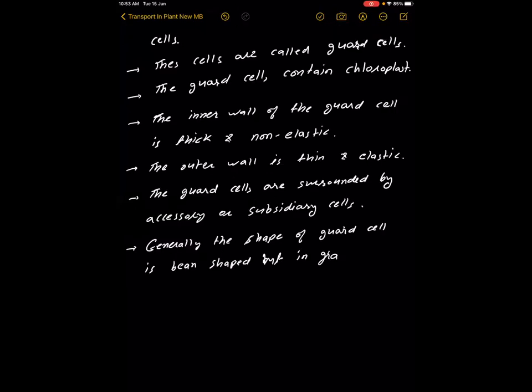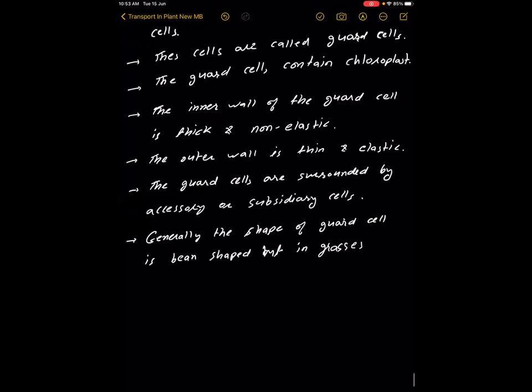But in grasses, the guard cells are dumbbell shaped. Sir, we can say in monocots it is dumbbell shaped and in dicots it is oval shaped. Not all monocots. Generally, grasses, the Gramineae family especially, have this type of shape.